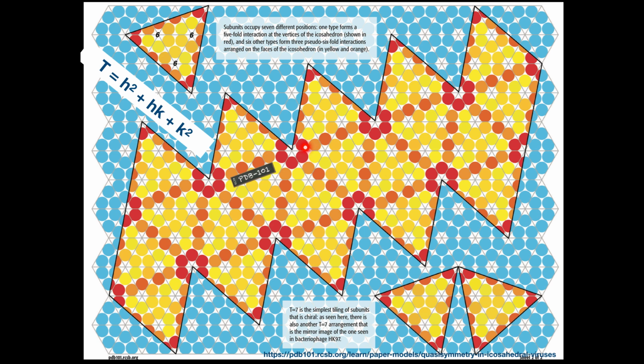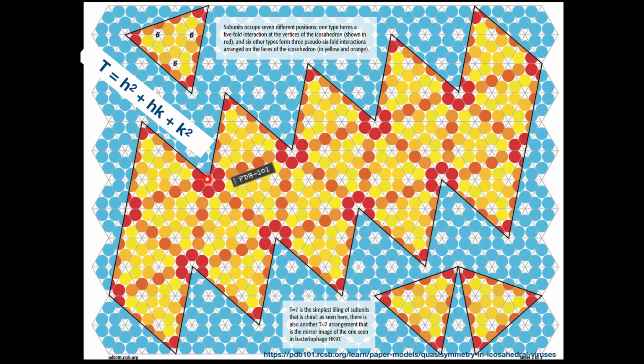So if you had something like this, how would you figure out what the T-number was? You need to get from one 5-fold axis of symmetry to the next 5-fold axis of symmetry, which you can do on this scale. I think it's easier, and most of the people who come and talk to me actually like the 3-dimensional models a lot better, because it's a little bit easier to see them on there. But all that you're doing is you've got to hop from a 5-fold axis of symmetry to the next 5-fold axis of symmetry via each of the hexamers that are in between.